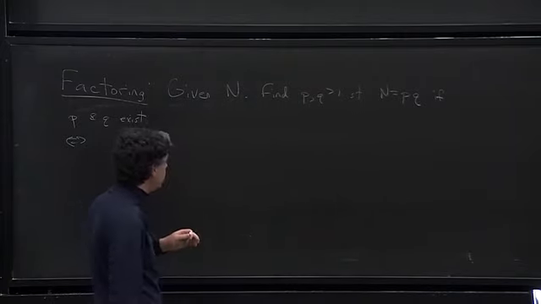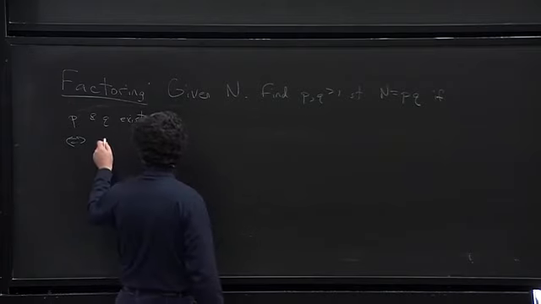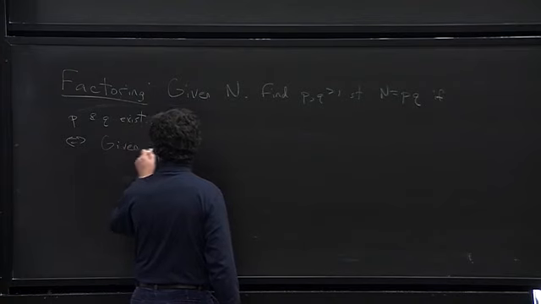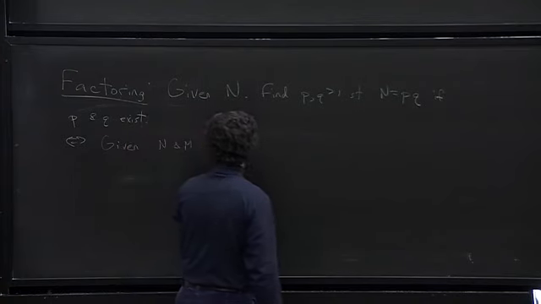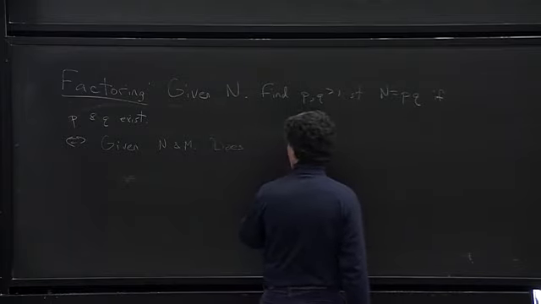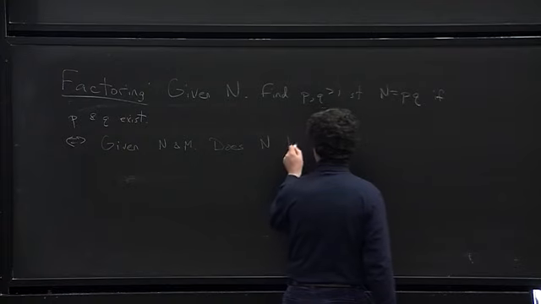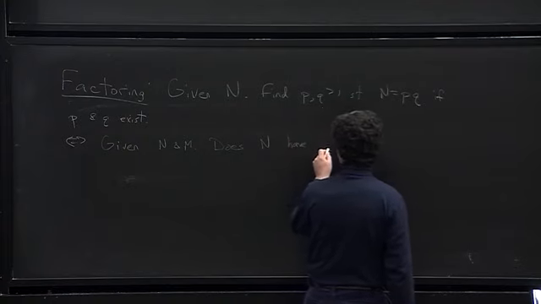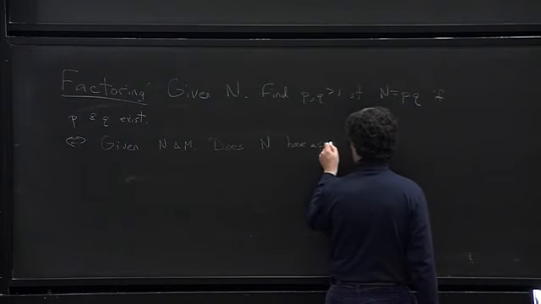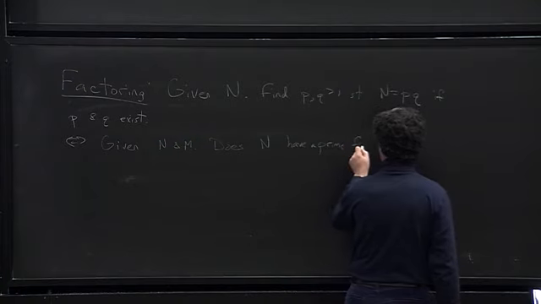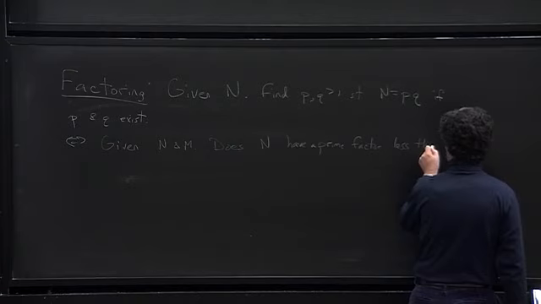But the decision version is: given two numbers N and M, the yes or no question is, does N have a prime factor less than big M?